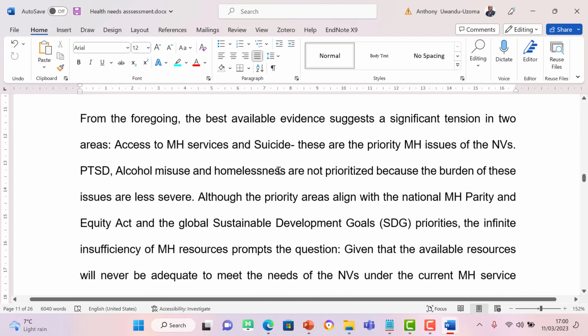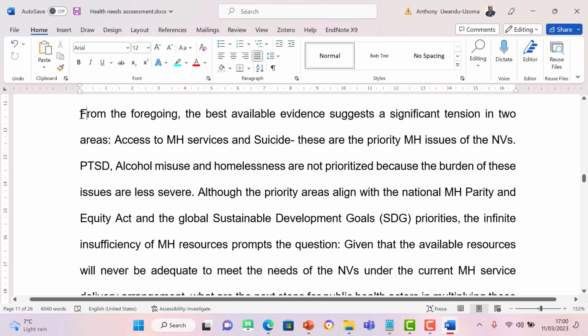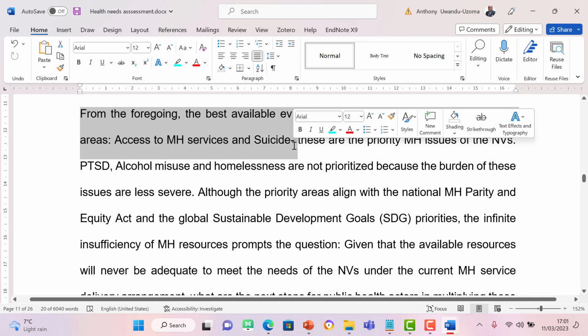Now you need to demonstrate how the intervention you are planning aligns with the government priorities. You can see here that these are the priority mental health issues. Your essay must highlight at least one or two.